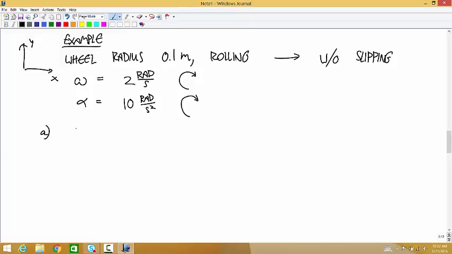And let's say we want to know what are the velocity and acceleration vectors at the center.